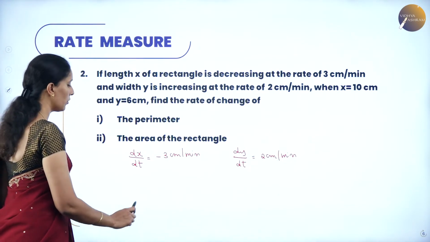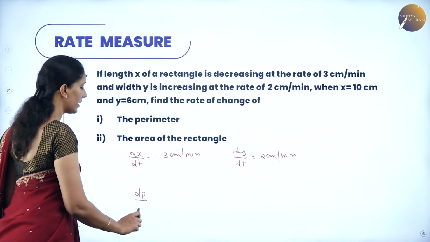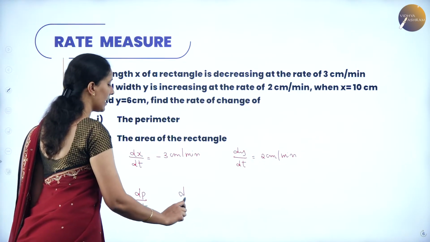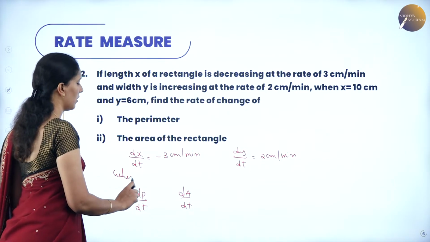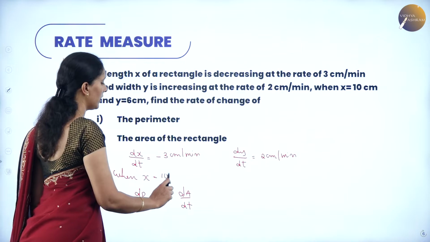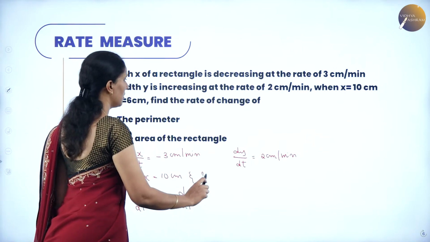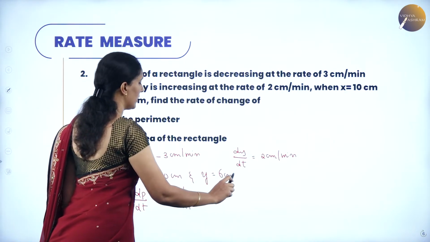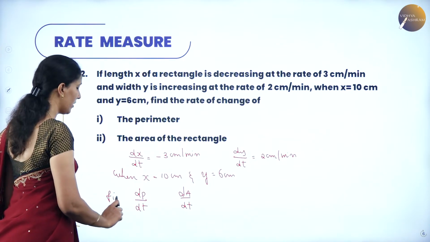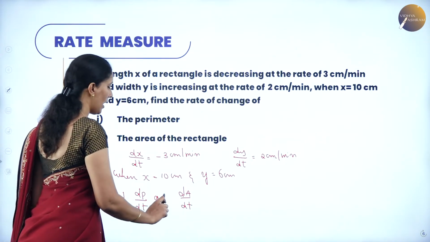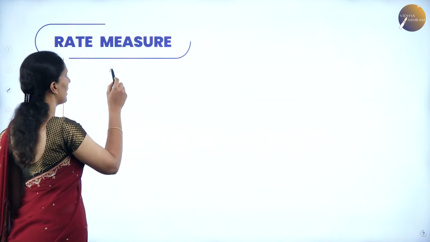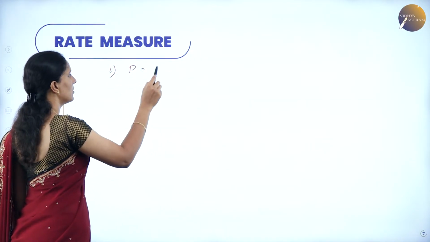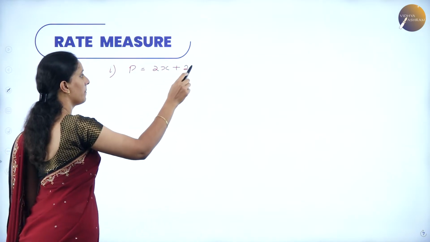Next we have to calculate dP by dt as well as dA by dt when x is equal to 10 centimeter and y is equal to 6 centimeter. So let's calculate. Perimeter is 2x plus 2y.